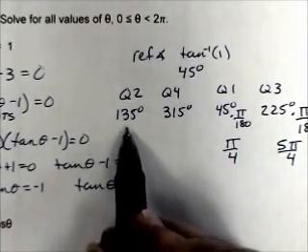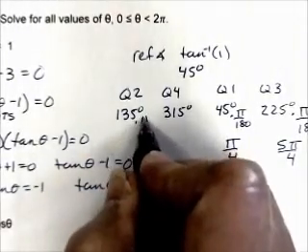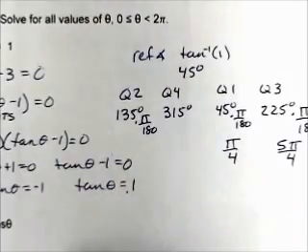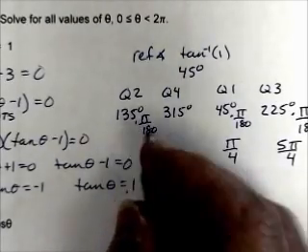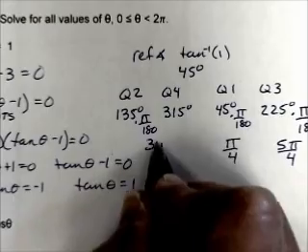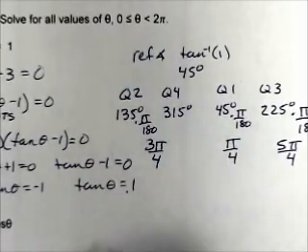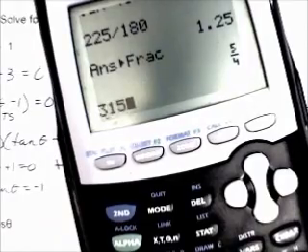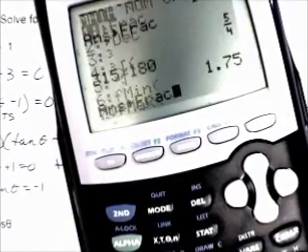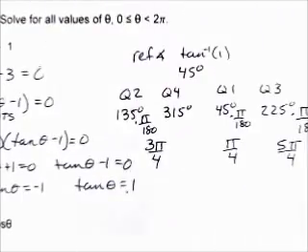The 135 timesing by pi over 180, just squeezing it in there. That's 3 pi over 4, and 315 is 7 pi over 4.